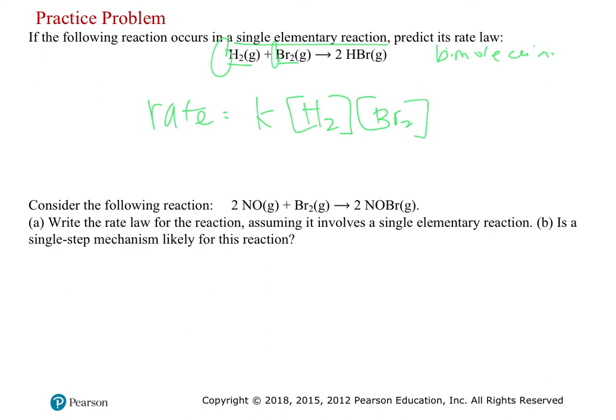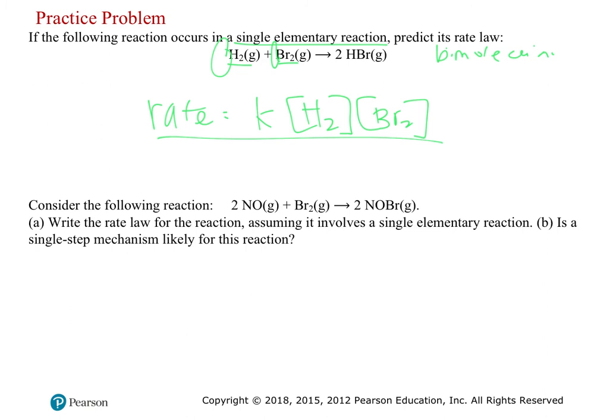Remember, this would need to align with what we would find experimentally. So if this happened in a single elementary reaction, this is what it should be. Note, this is actually not the reaction rate law. It happens to have a different order. So this tells us that this is not really what's happening because it doesn't agree with the experimental results.